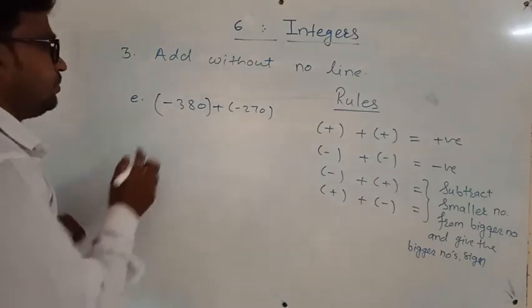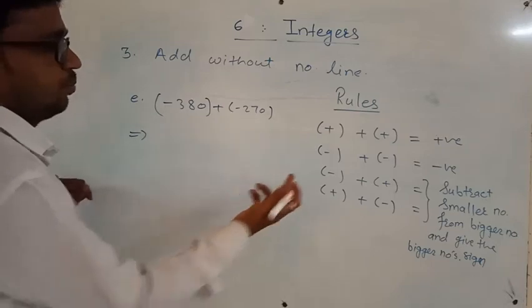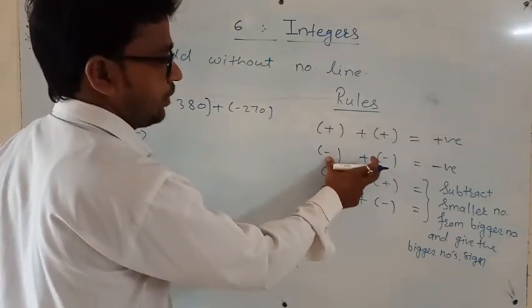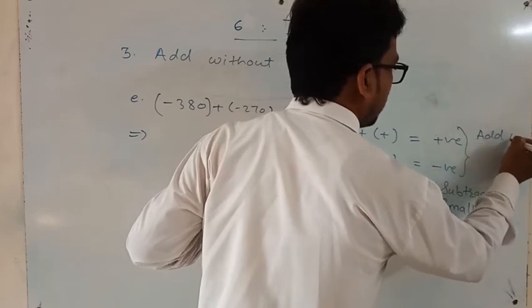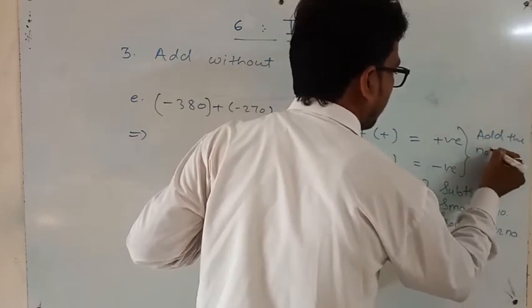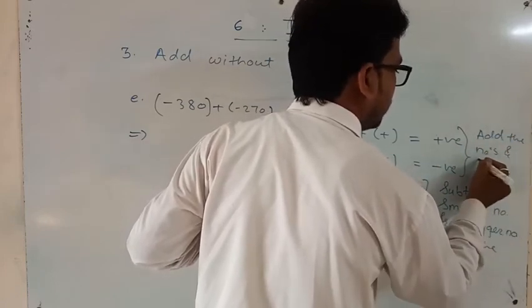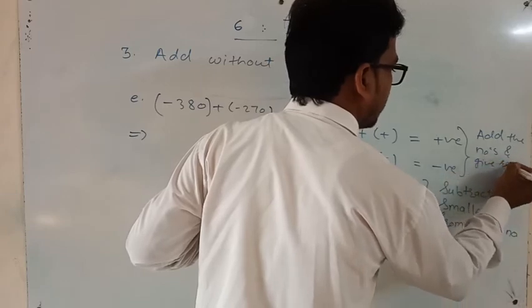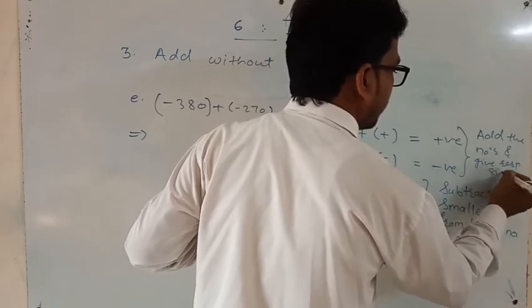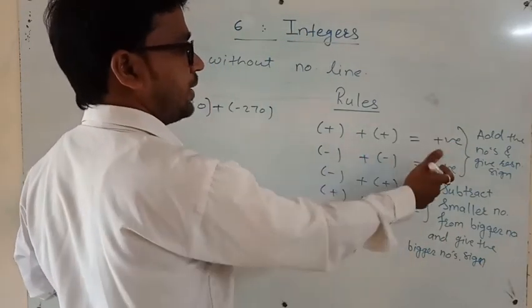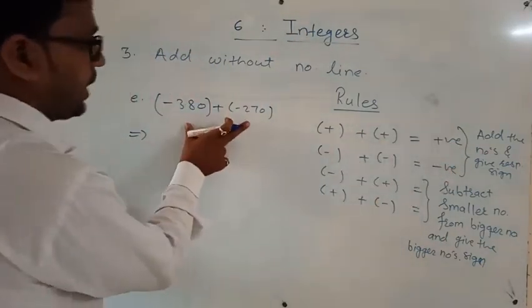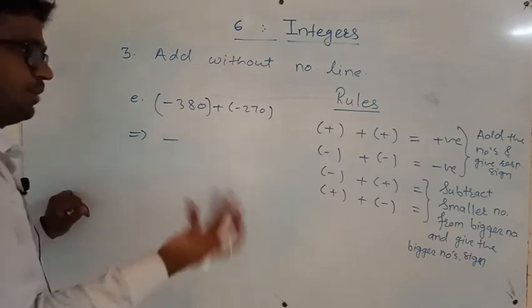So both the numbers are negative. Then what do we have to do? Add the numbers and give the respective sign. If both the numbers are positive, then positive. Both the numbers are negative, then negative. So both the numbers are negative.